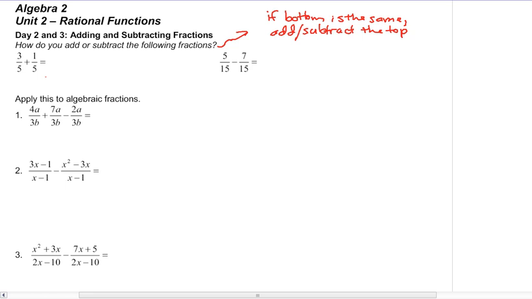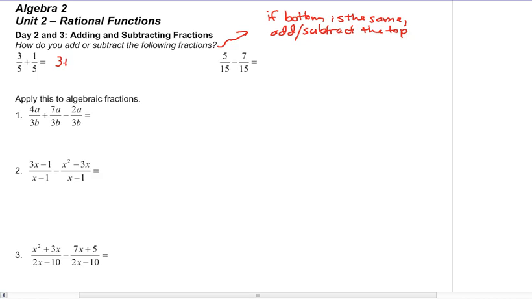Okay, so look at this first fraction right here. What we have is 3 over 5 plus 1 over 5. Okay, so your first question is, are the denominators the same? Okay, they're both 5, so they are. So in that case, what you can do is rewrite it as the two tops plus each other, okay?